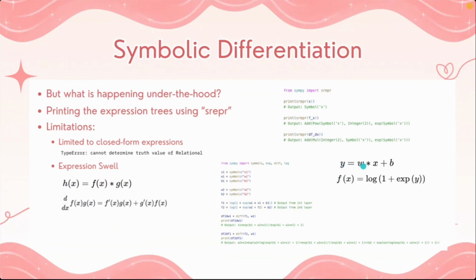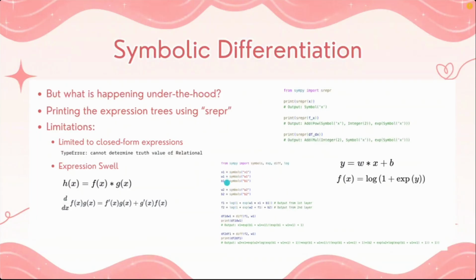Let's say the function was the output of a neuron, which was wx plus b, and then that is passed to an exponential log function, which can be a kind of non-linearity. So what you find is your output expression will quickly, actually exponentially, increase in size compared to the input expressions.